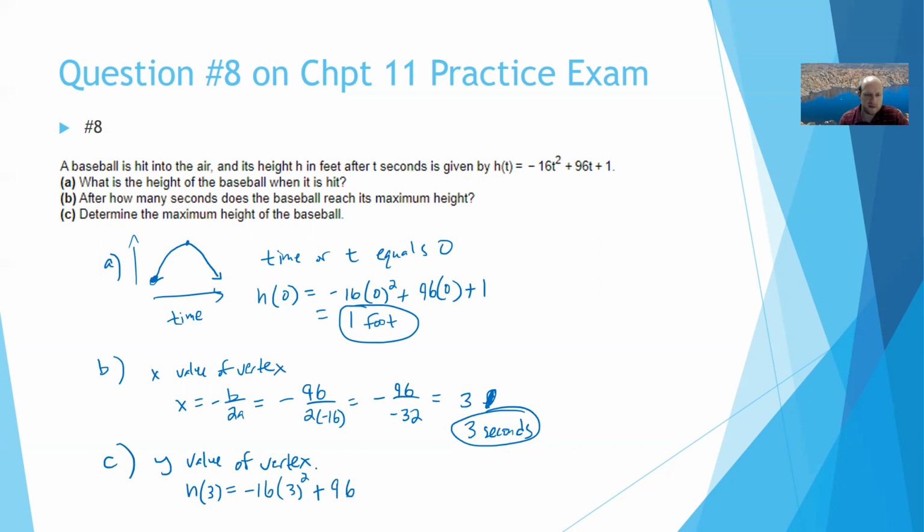So we have negative 16 times 3 squared plus 96 times 3 plus 1. This is going to be negative 144 plus 288 plus 1, which is equal to 145. And that's a height, so 145 feet.